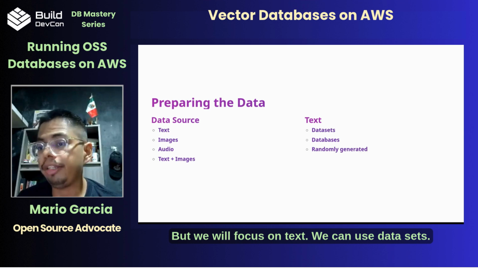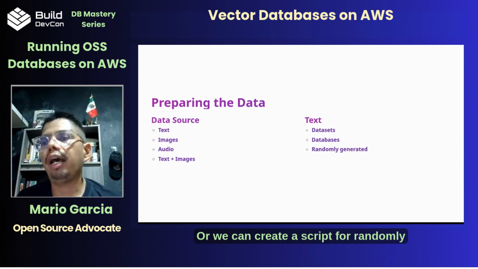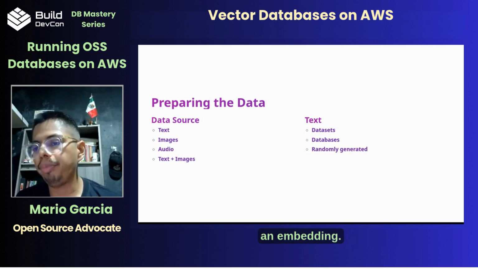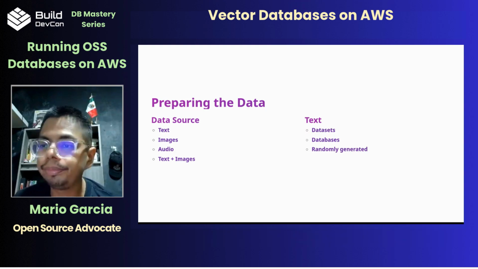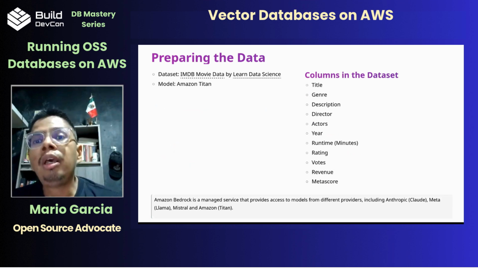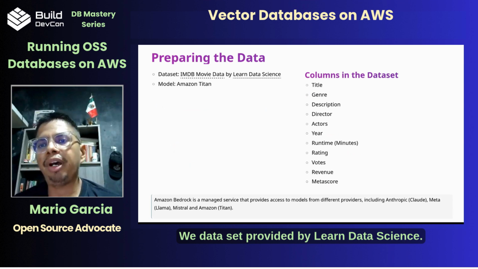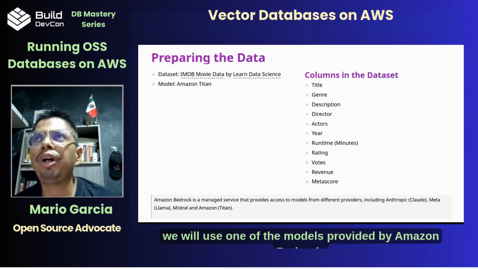We can use data sets, we can query the information from any database, or we can create a script to randomly generate the data, convert that data into an embedding, and then insert it into Postgres, for example. We will use a movies data set provided by Learn Data Science, and one of the models provided by Amazon Bedrock.